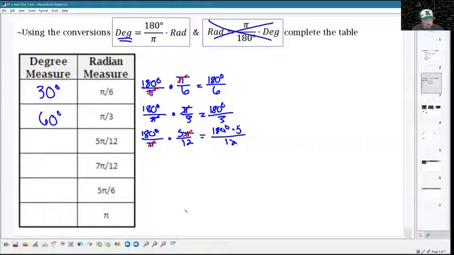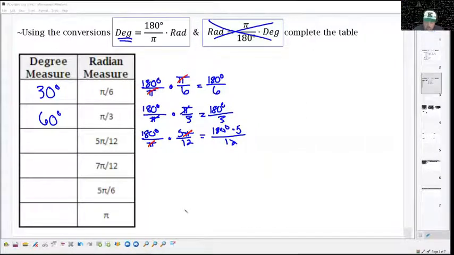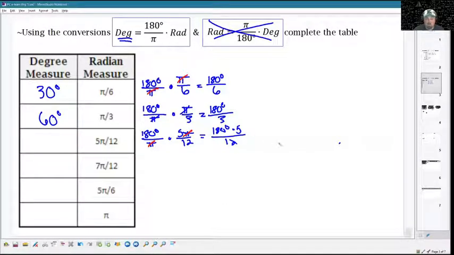So if we flip to our calculator, and let's actually plug that in, 180 times 5, and then divide that thing by 12, and we get 75, okay? So that's 75 degrees. Just be extraordinarily cautious, because this is one of those topics that's not too tough when you go through and you actually plug these things in, that you don't mess up with the calculator.